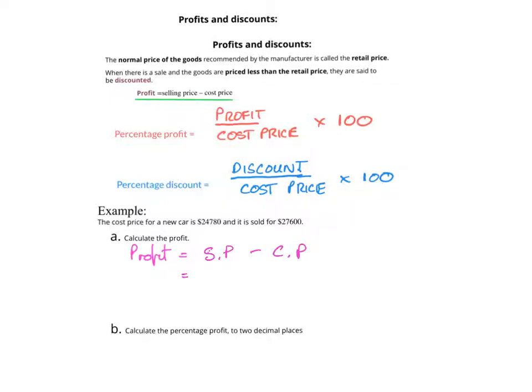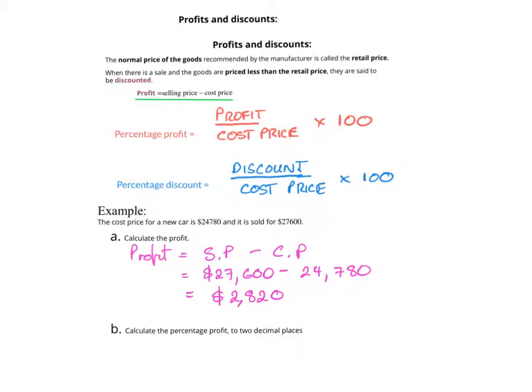Well, we sold the car for $27,600 and it cost $24,780. So the profit that was made there, when you throw it into your calculator, was $2,820. It's not a bad profit, is it?